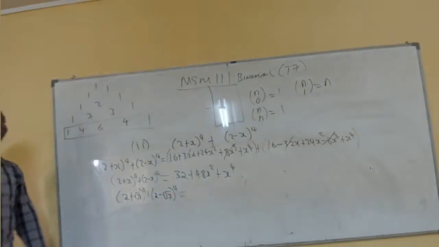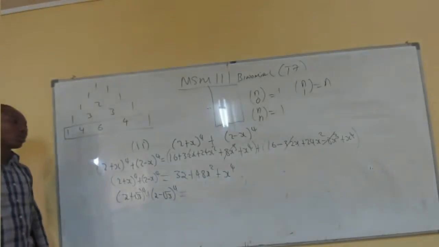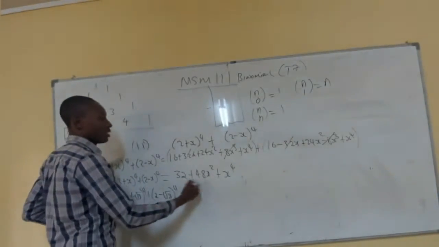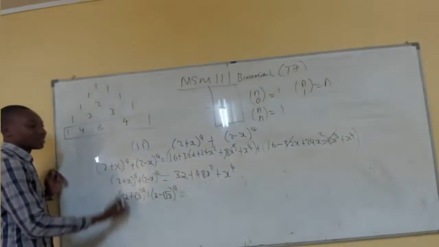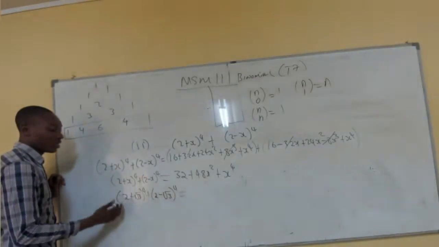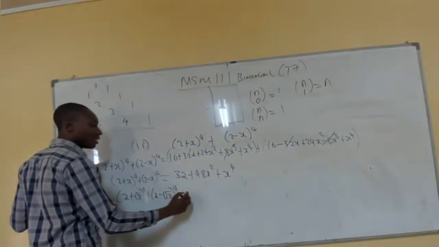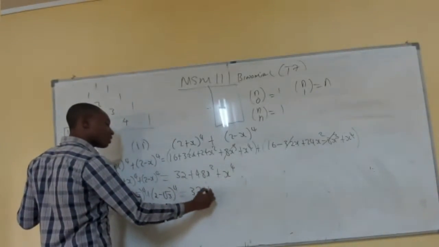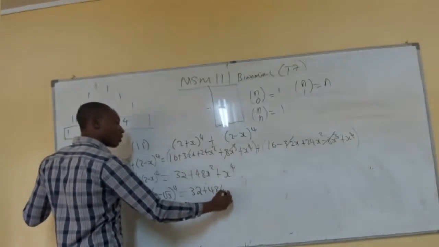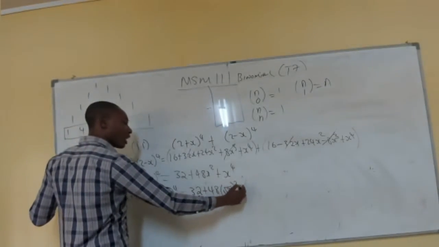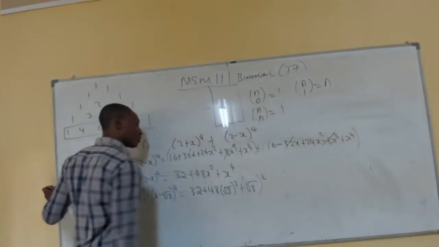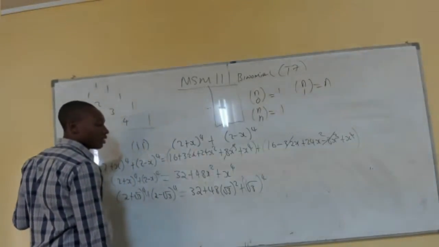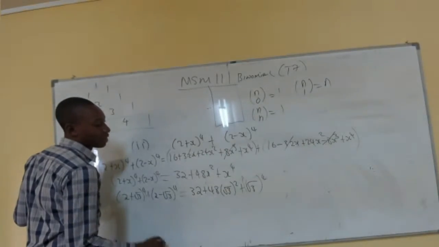So where there's x in this expansion, I can put root of 3. So the expansion for this is actually 32 plus 48 root of 3 squared plus root of 3 to the power 4. Now we know that root of 3 is like to the power.